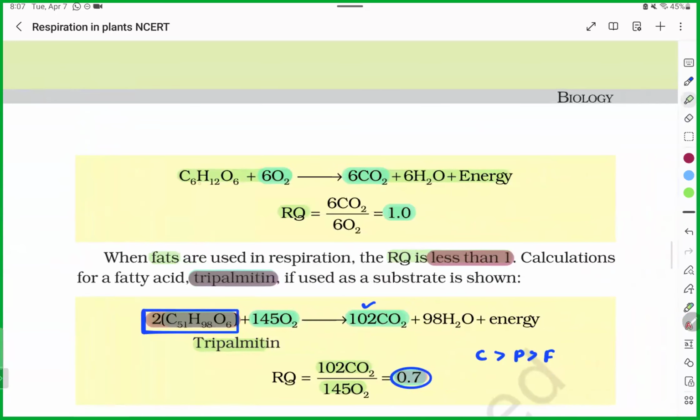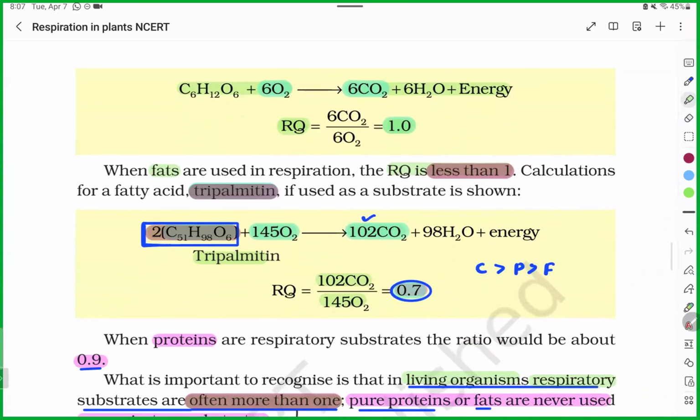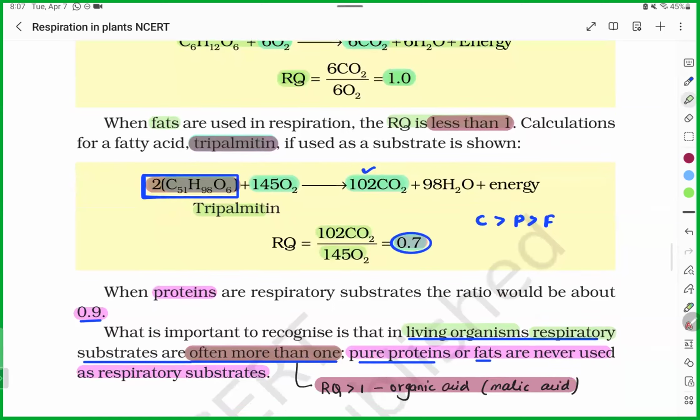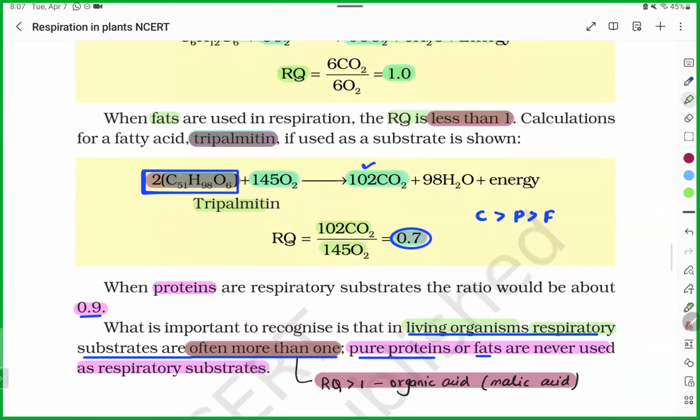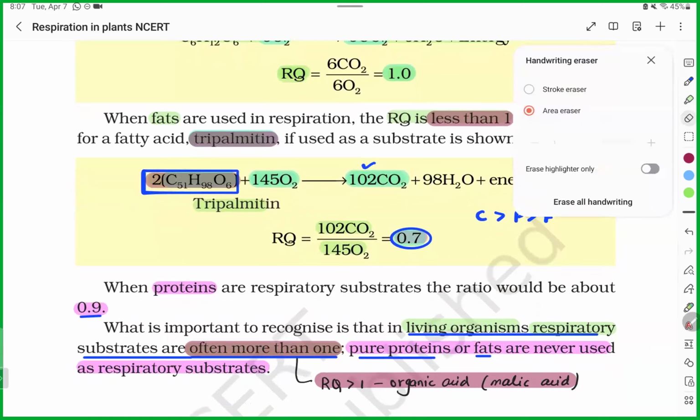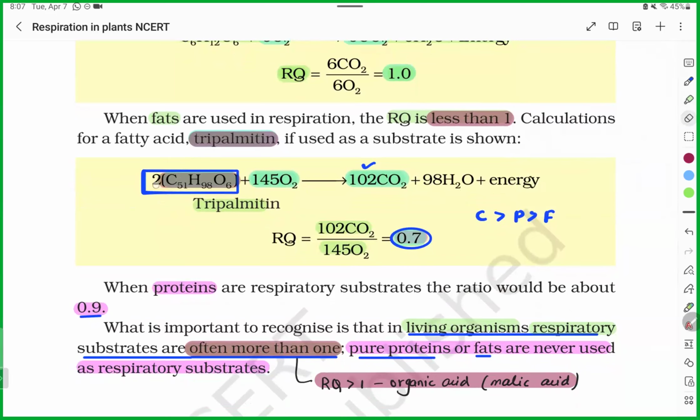Third, why? Because when carbohydrate like glucose reacts with 6O2, 6CO2 is produced with 6H2O and energy, so respiratory quotient will be 1. Correct? For fat used in respiration, it is less than 1. Like the fatty acid tripalmitin, formula C51H98O6. Very, very, very important formula. They can ask you the direct formula of tripalmitin.